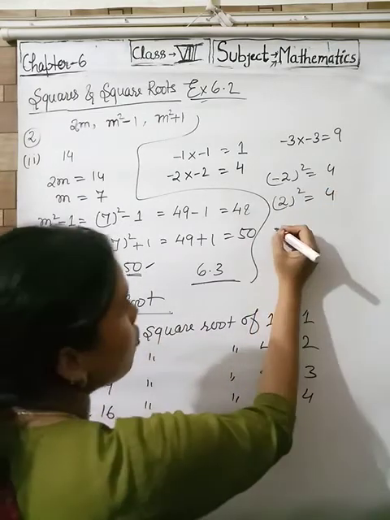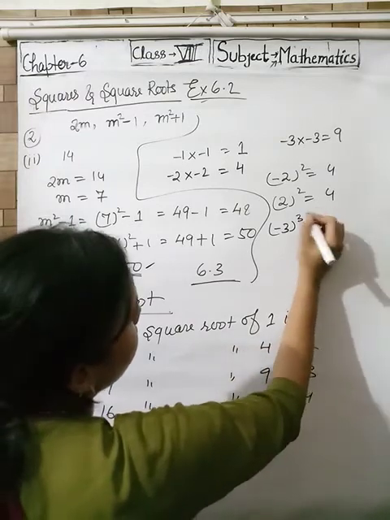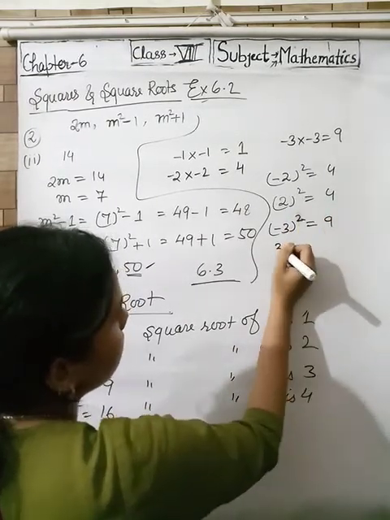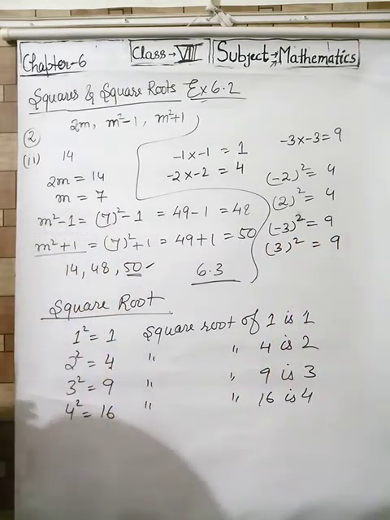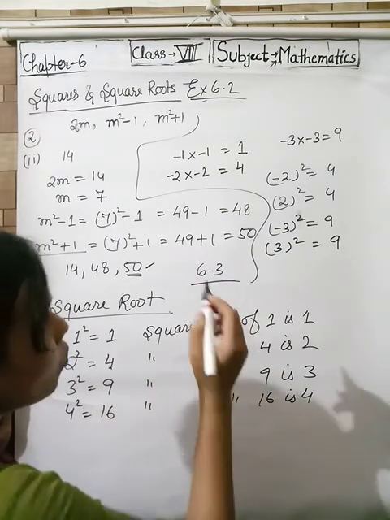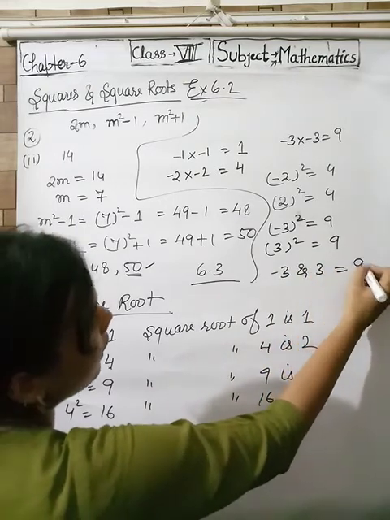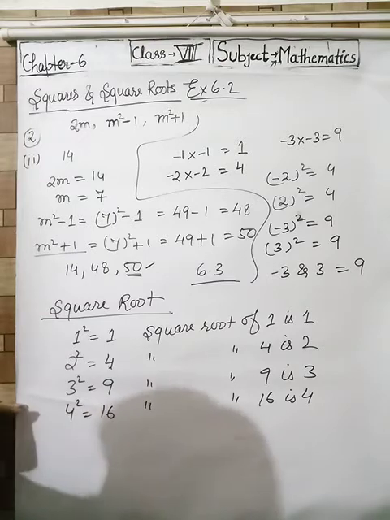So is the case with the square of minus 3 and any other integer. And we say that the square of minus 3 and 3 both are equal to 9. Understand?